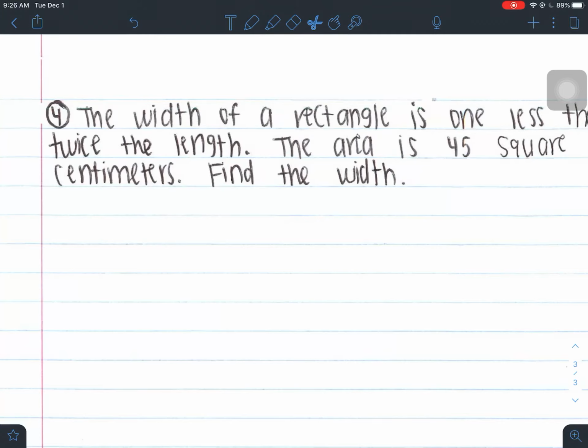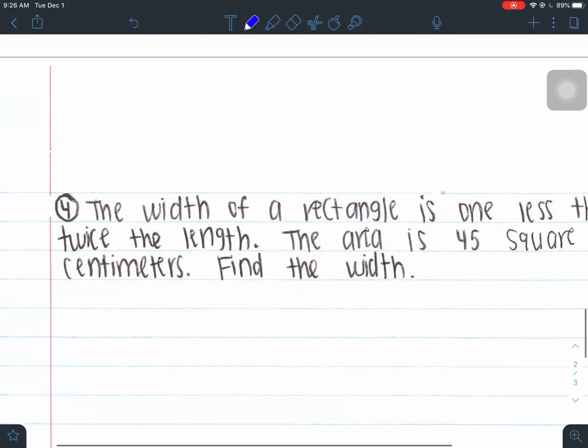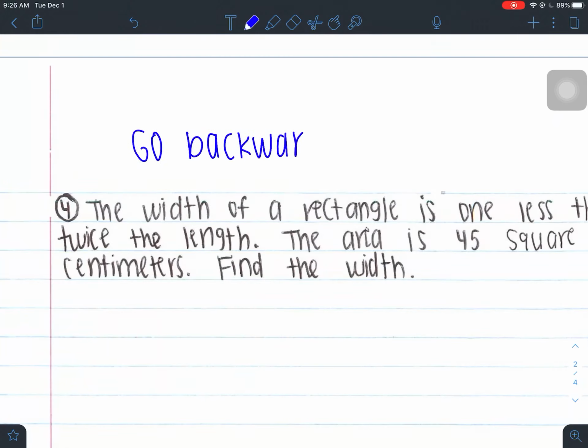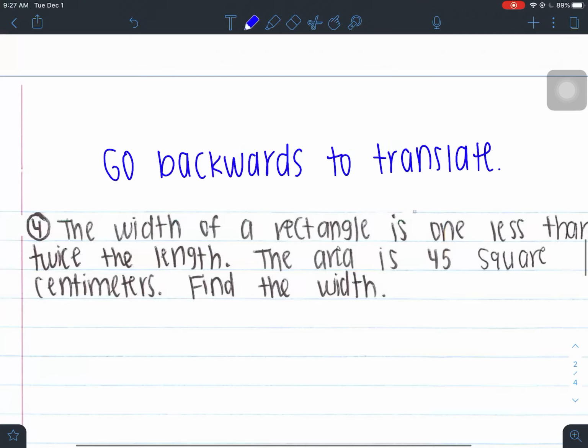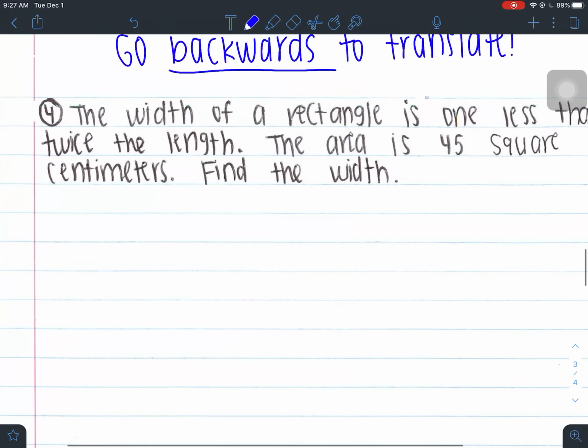So let's go ahead and translate what we know. Again, they gave us the area this time, and we're talking about a rectangle again. And just remember, you go backwards to translate for that first sentence. Go backwards to translate. So I'm going to go the opposite direction.